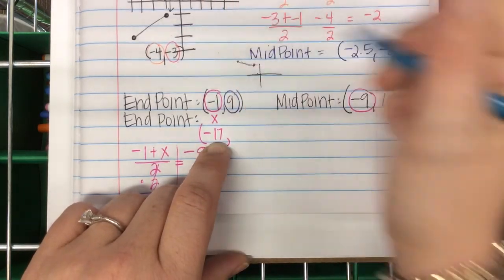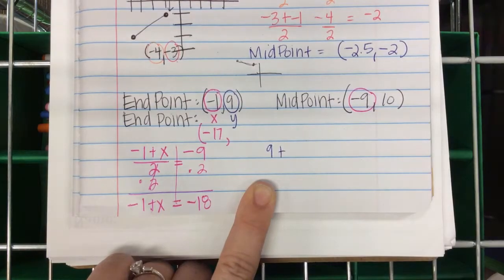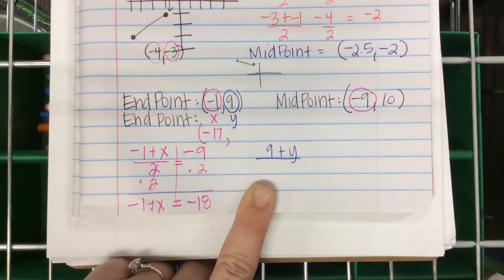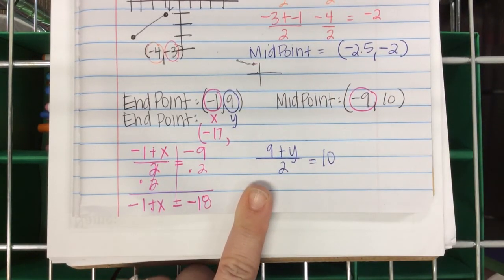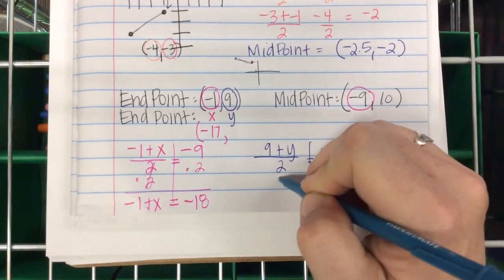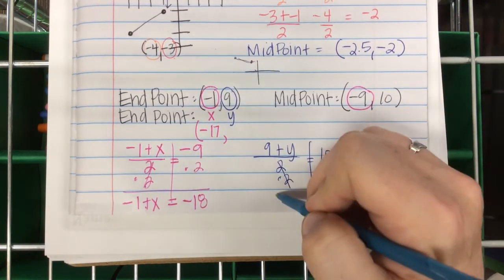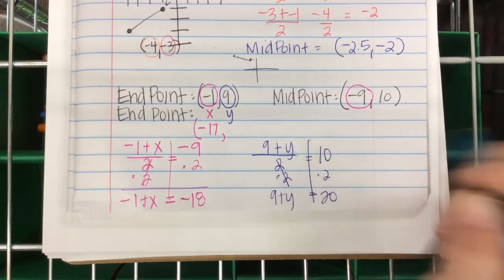I have 9 plus my mystery number, and when I add those together and divide by 2, I get 10. So I'm going to multiply by 2. 9 plus something equals 20.